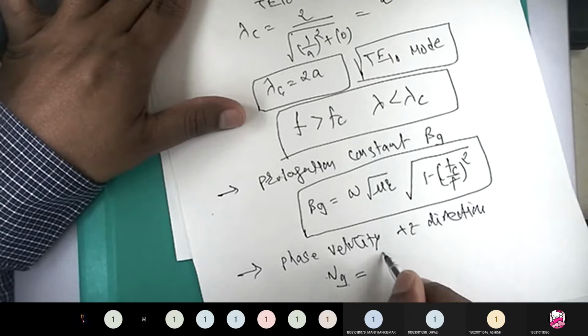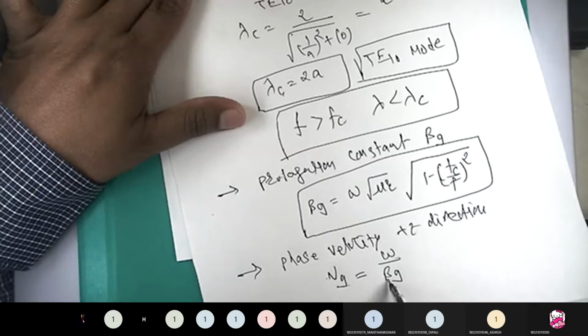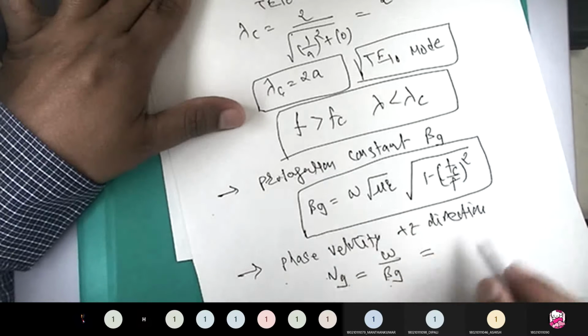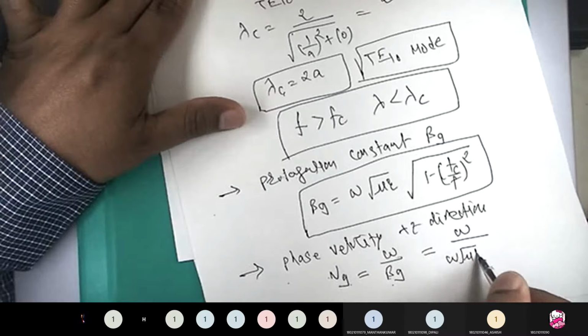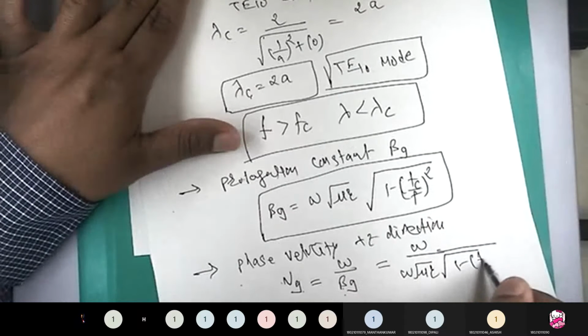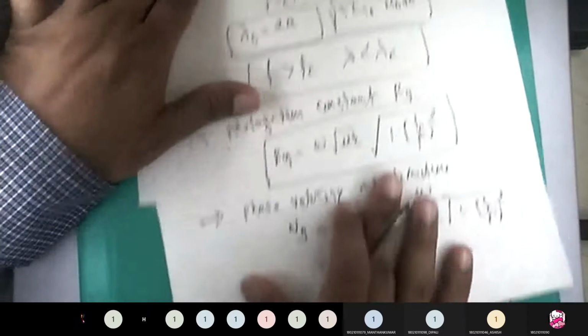Guide phase velocity can be expressed as omega by beta g. Earlier it was beta only. But we know that beta g is our expression, so if I put here omega square root of mu epsilon and the term square root of 1 minus (fc over f) whole square, then what will happen?